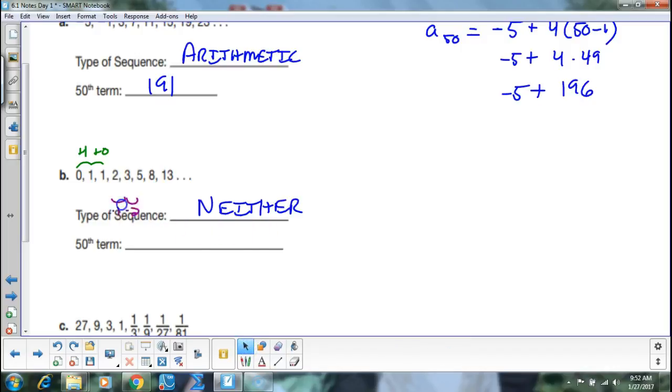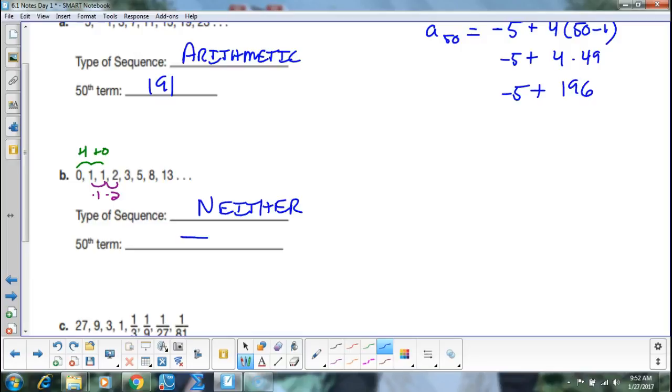And then that means I can't find the 50th term without, actually I do believe, if I'm not mistaken, that's the Fibonacci sequence where you're adding the previous two to get the next one. Okay?